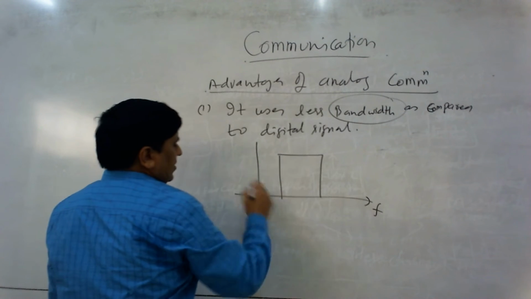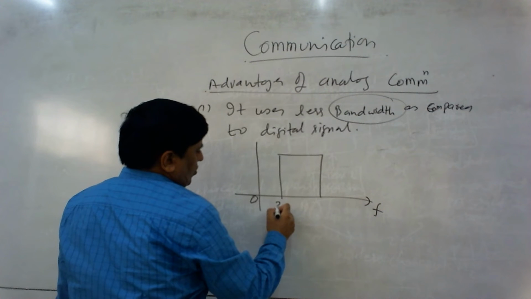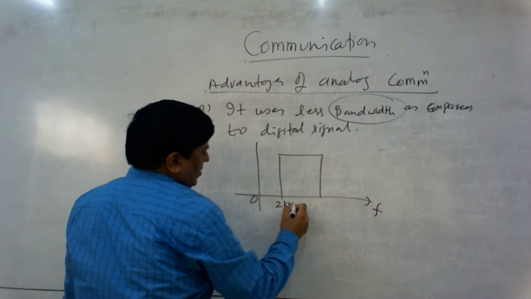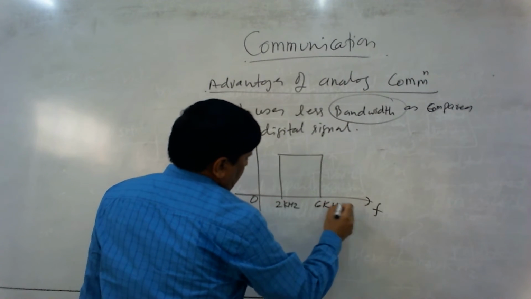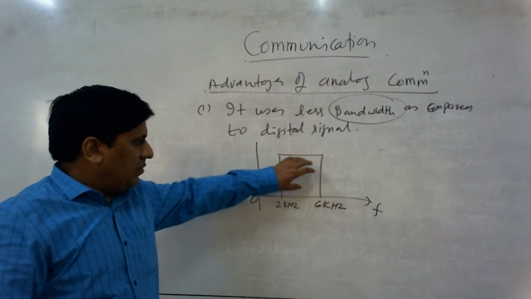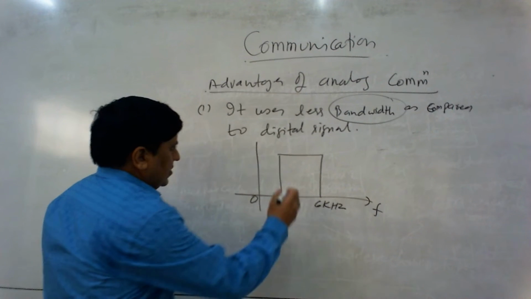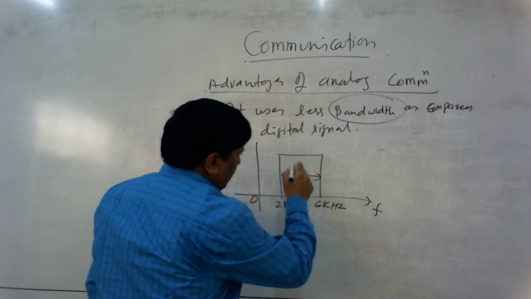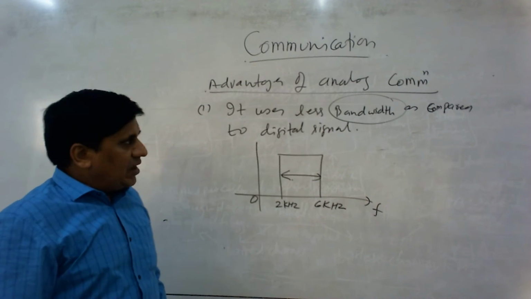and this is 2 kilohertz and 6 kilohertz. In this waveform, the bandwidth is this. This is the bandwidth, the width of the band. So it is called bandwidth.